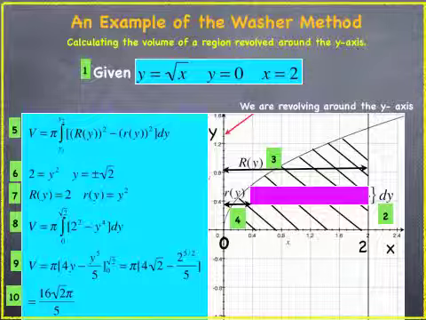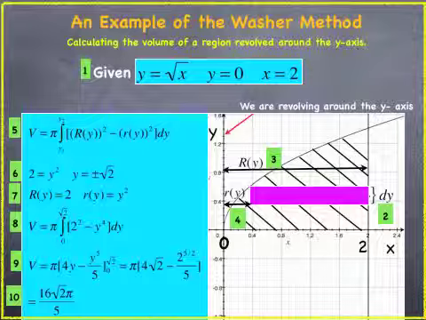Okay, so that's key. Now, the next thing we want to do when we're assembling our integral, we need the limits. If you look at the region that's striped, since we're dealing with y, we would want the y limits. The bottom is pretty obvious because it touches the x-axis, so that would be y equals 0.